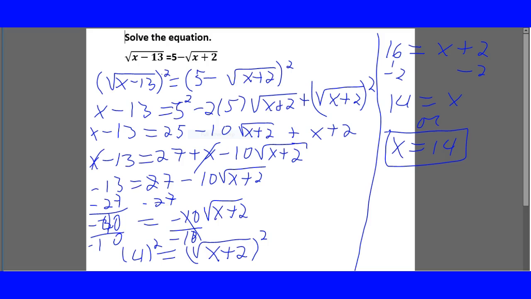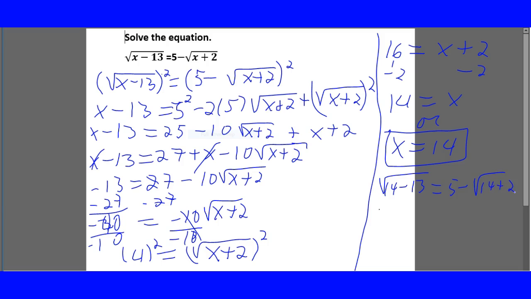Now when we have a radical sign involved in an equation, we can always go back and plug our result back in to see if we did it right, because sometimes not all the answers work. So x is equal to 14, so we replace x by 14: 5 minus the square root of 14 plus 2.